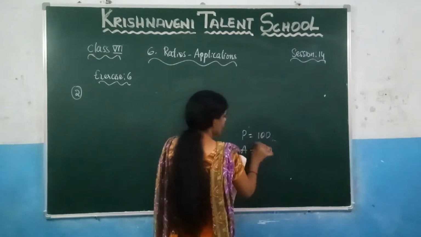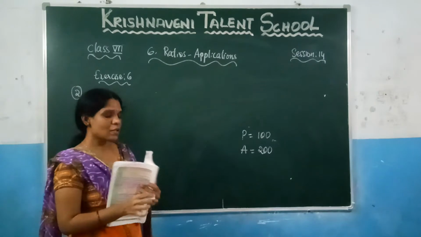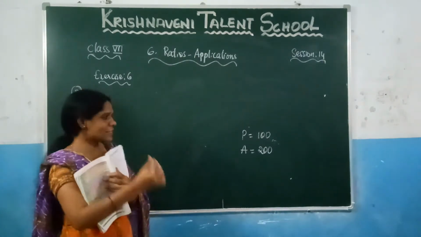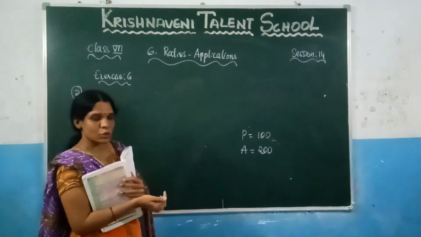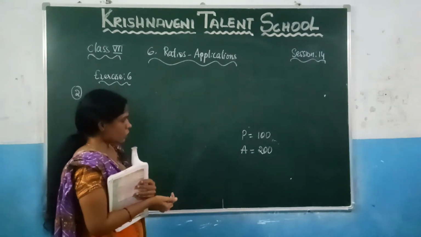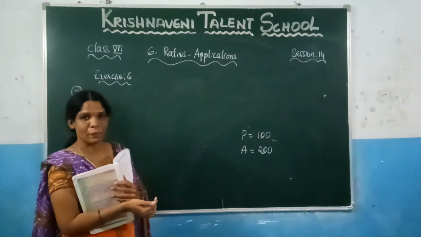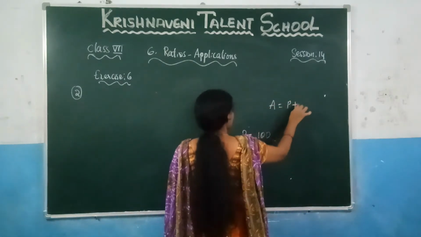So you got the principal and you got the amount, because they have given that the sum doubles itself. That means the amount is 200. Now if you know the amount and the principal, you can calculate the simple interest. You know that amount is equal to principal plus interest.